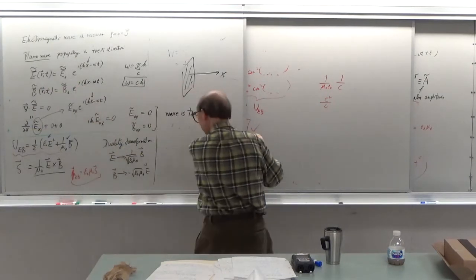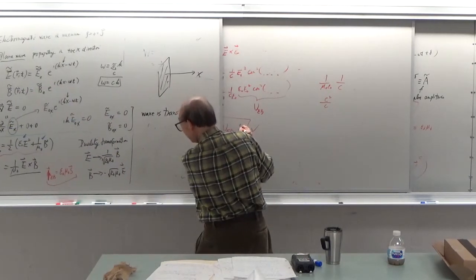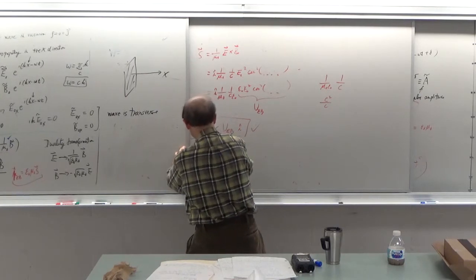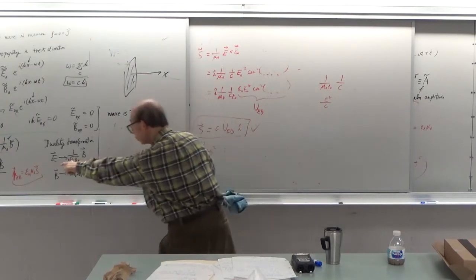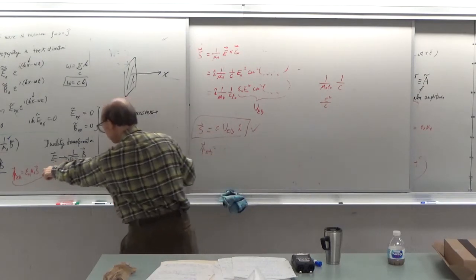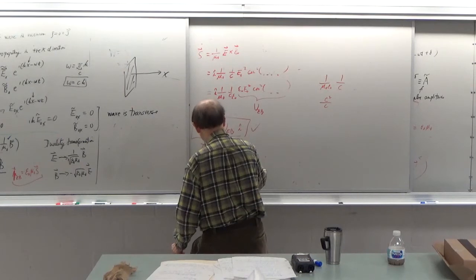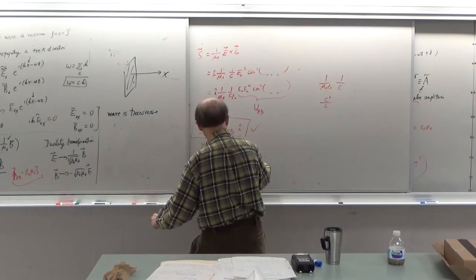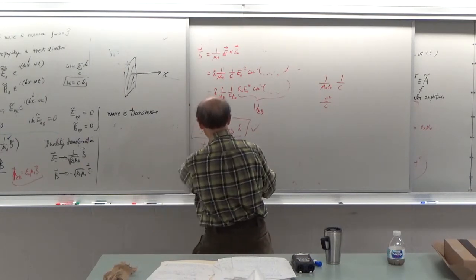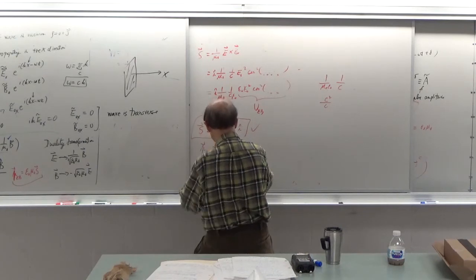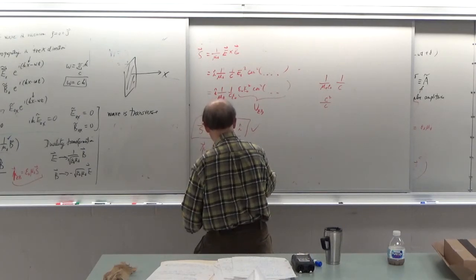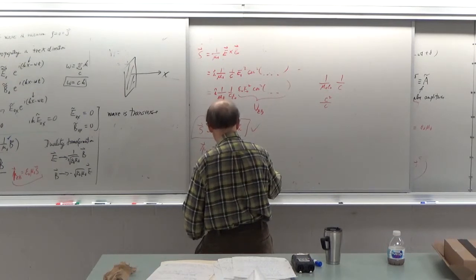So the momentum density is given by epsilon naught mu naught, of course nothing but the reciprocal of c squared, times S. So this is equal to, one of the c's cancels, 1 over c times U_EB times i hat.